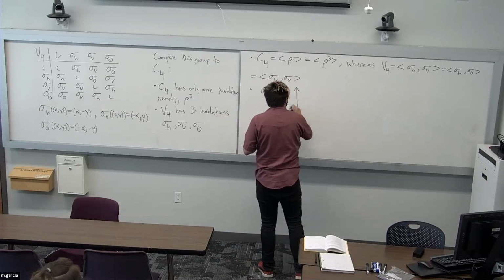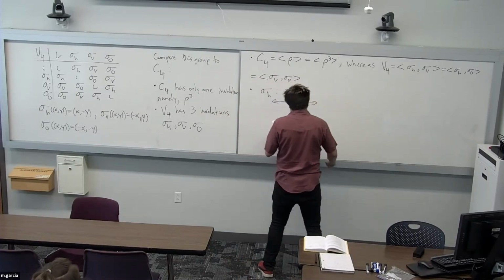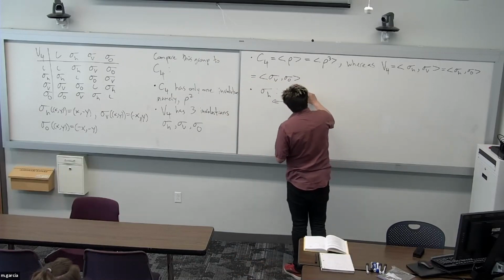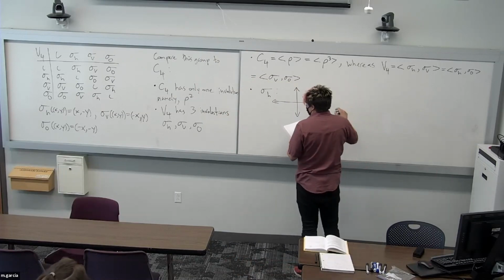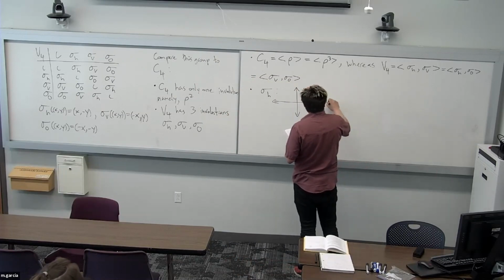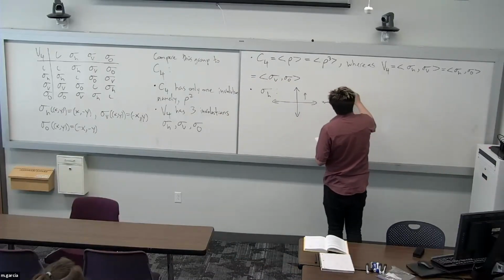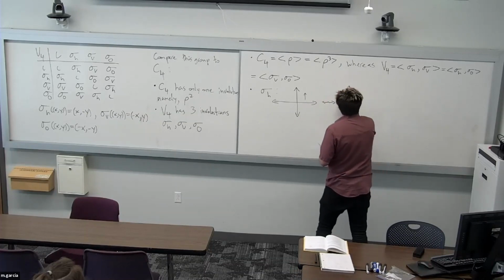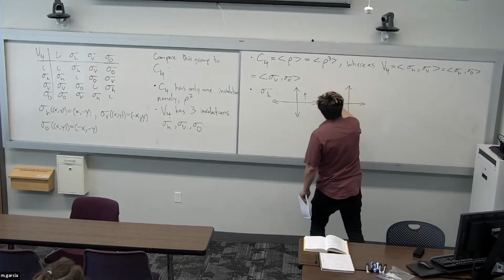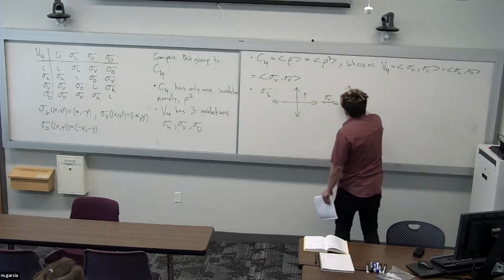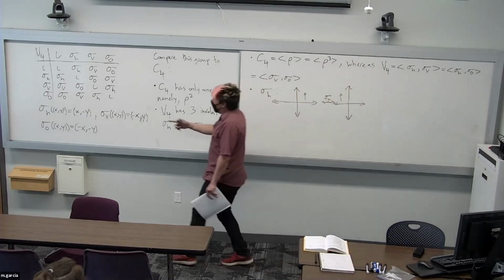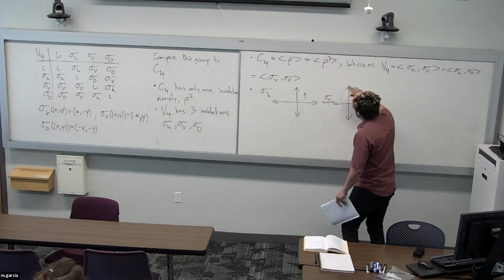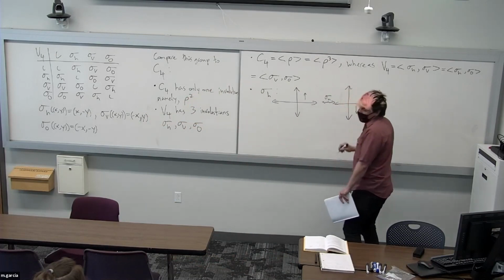I have my Cartesian plane, and let's just say I have an indicator arrow here to see what this does. I operate sigma H on this, and I get this arrow here. Oh, sorry, Y is negative for H. I get this arrow here.